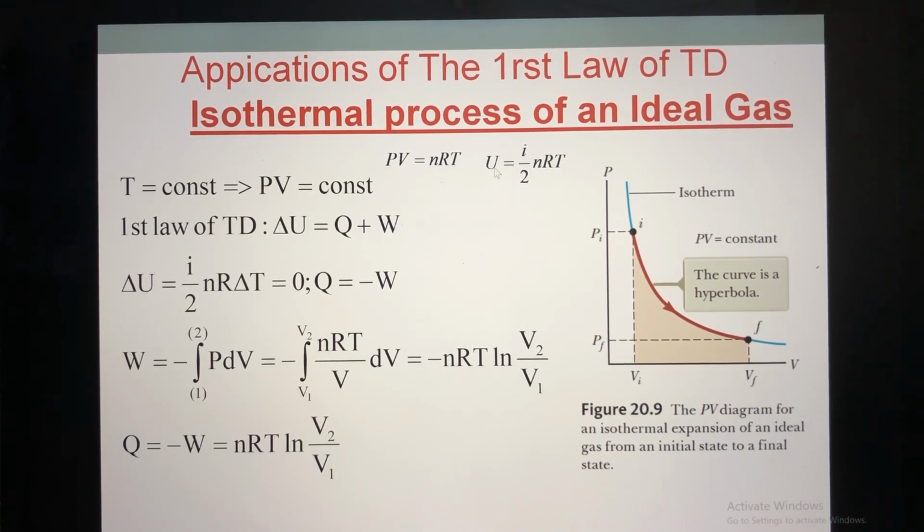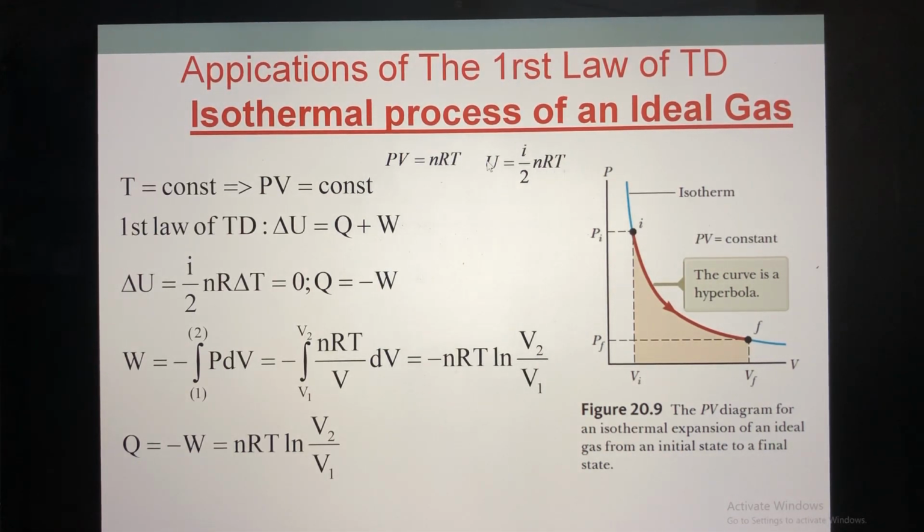So here, based on the formula for the internal energy, you see, n is the number of moles of the gas in the system, capital R here is the constant, and T here is the temperature. So you take a look.